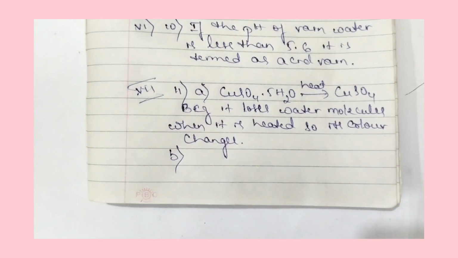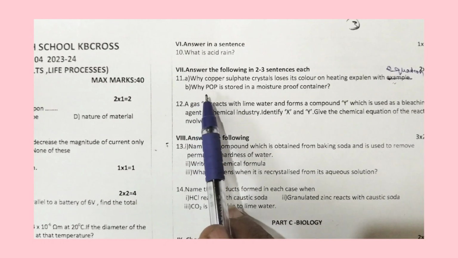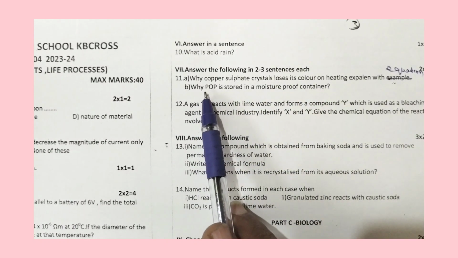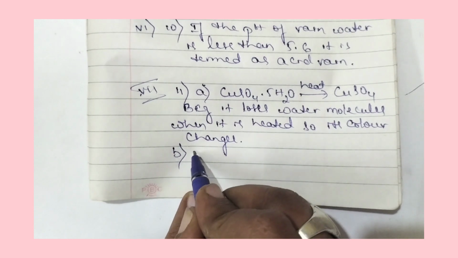In that one only, one more question is there, B. Why is POP, that is plaster of Paris, stored in a moisture proof container?